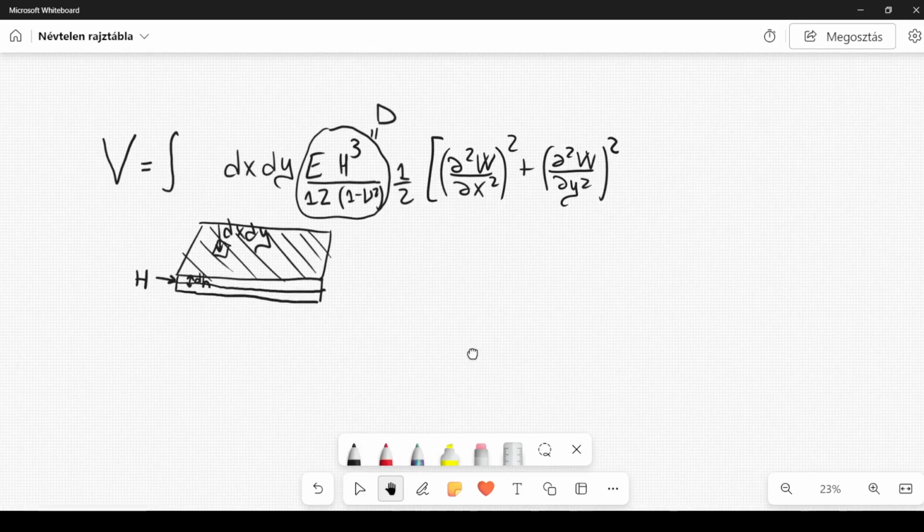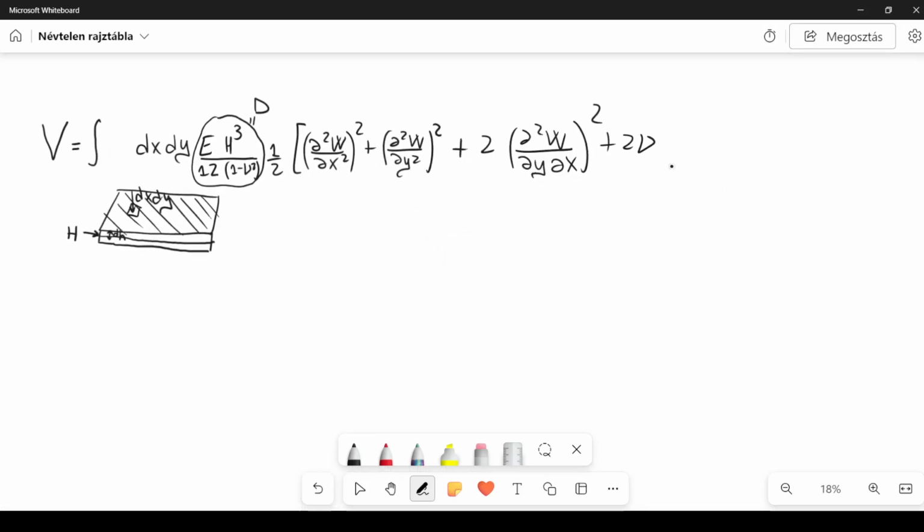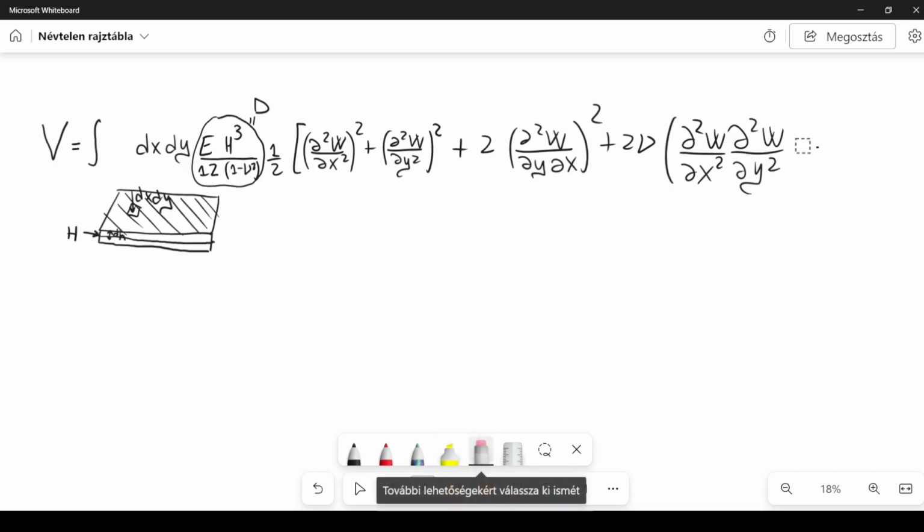Then we also have plus 2 (d squared w dy dx) squared plus 2 nu. Then we have d squared w dx squared times d squared w dy squared plus, and then we have actually one last term, so I can put it here.